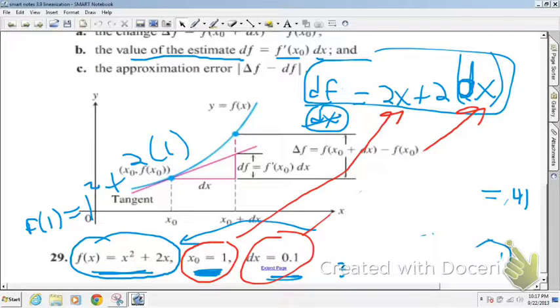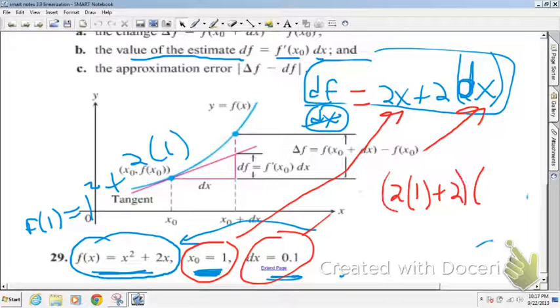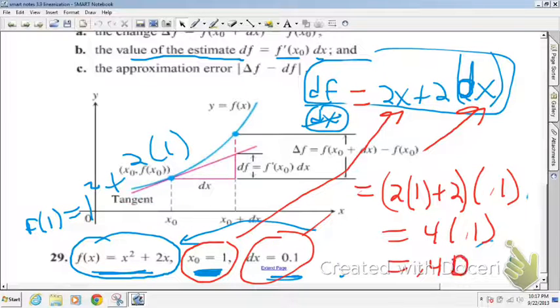Okay, let's try it. 2 times 1 plus 2 is something, and then times 0.1. What do we get? 2 times 1 is 2, plus 2 is 4, and 4 times 0.1 is 0.4. You could say 0.40 or 0.4.